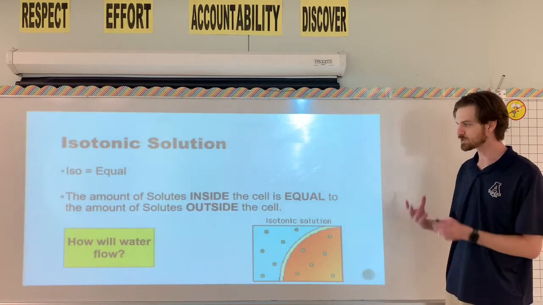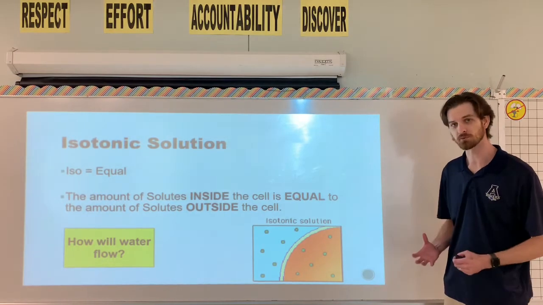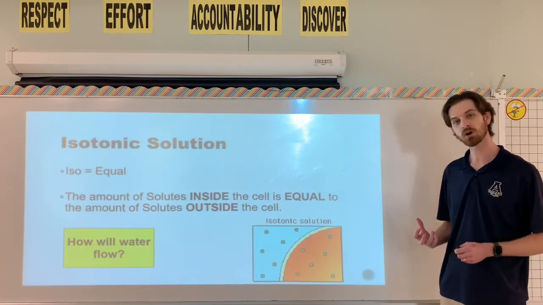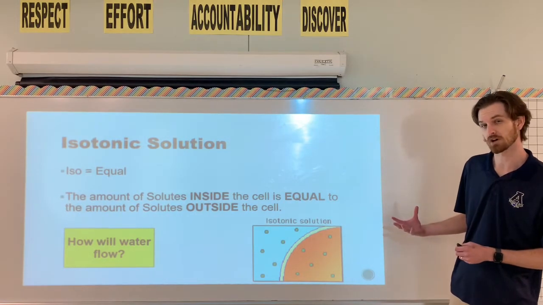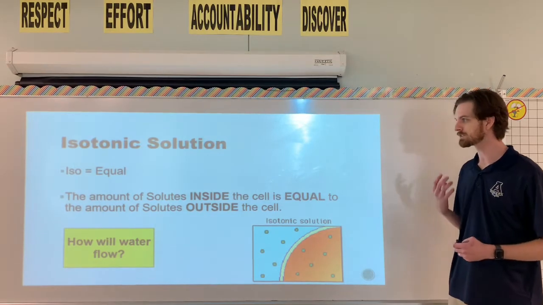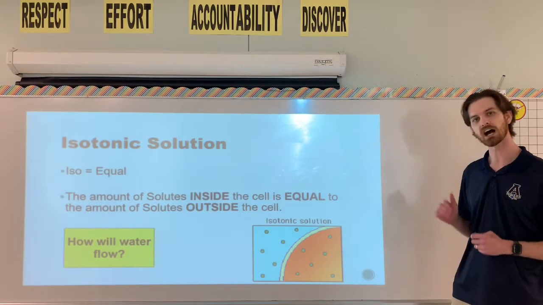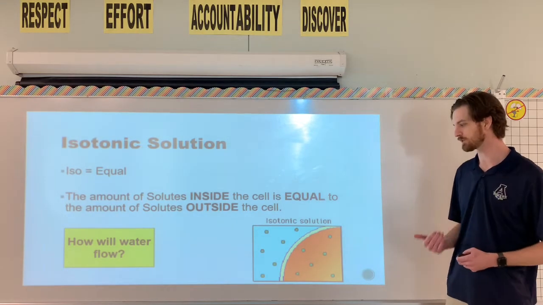Now, as you're writing that down, hopefully you're thinking in your head, okay, where would water move? Water wants to go from where there's a lot of water to where there's a little water. I'm assuming outside the cell has a lot of water because it's blue, but maybe inside the cell has water. Well, think about that word isotonic. Iso again means equal. So water wants to be equal or flow equally.